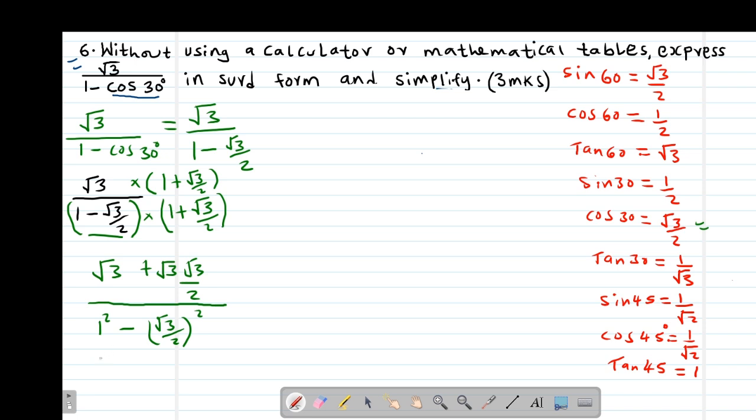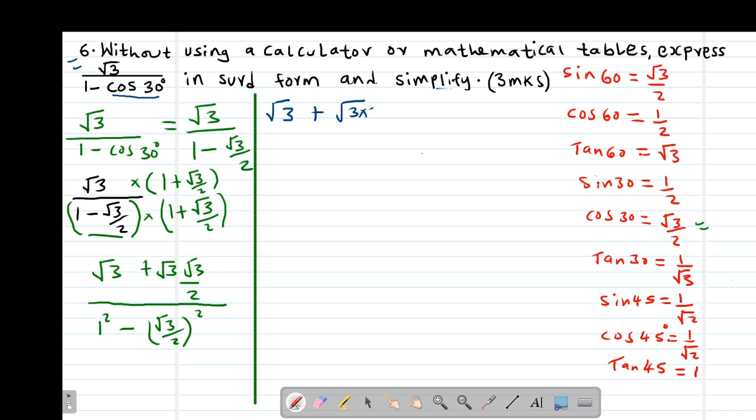So this will be equal to the root of 3. I can actually write it on the upper side. So let me write it here. So this will be equal to root 3, then plus root 3 simply means the root of 3 multiplied by 3.